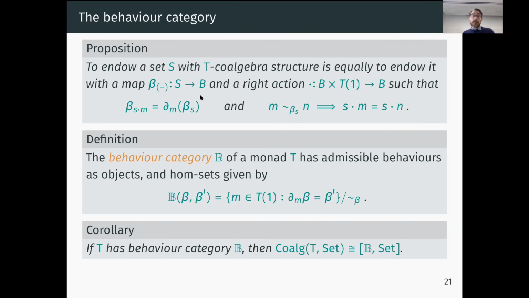So just a function down to there, and a right action by the unary operations of the theory, such that, so first of all, there's some condition here that says that if I take a state S and I act on it by unary operation, the behavior of S.M should be related in some natural way to the behavior of S. And then the second condition is that if I've got two terms which, with respect to the behavior beta S, must act the same, then they do indeed act the same on S.